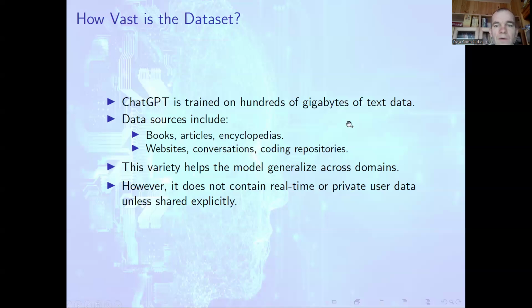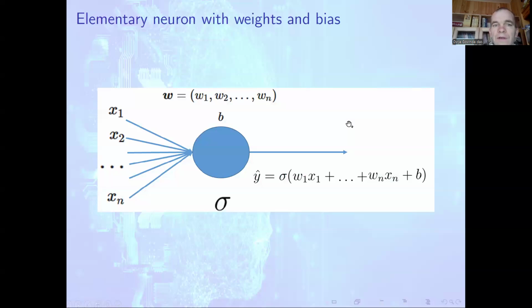So, as already said, each neuron is characterized by some weights W and bias B. Weights W characterize the importance of each word in a sequence, in this case. And these weights and biases should be calculated during the training.